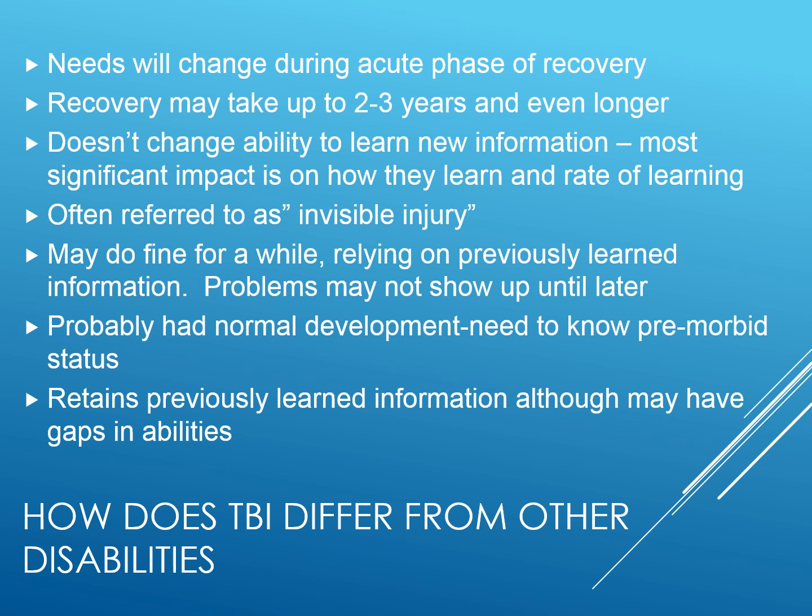But remember, the most recovery will take place during those first 12 months, especially those first 6 months. But we can still see changes up to 2 to 3 years later. The TBI doesn't change the ability for the individual to learn new information. The most significant impact is on how that individual learns and his rate of learning.